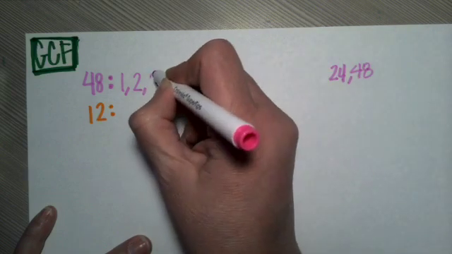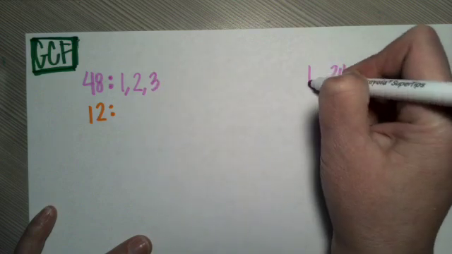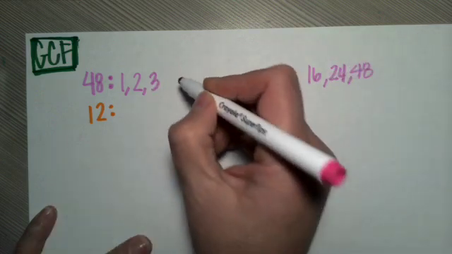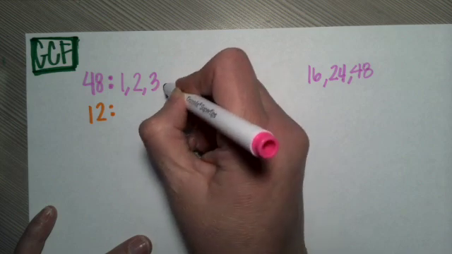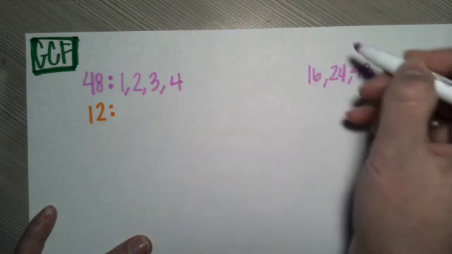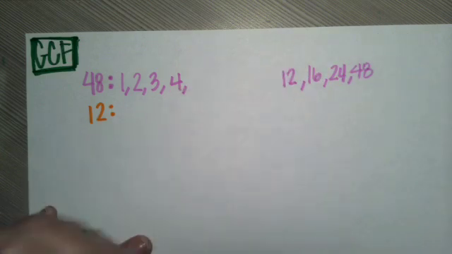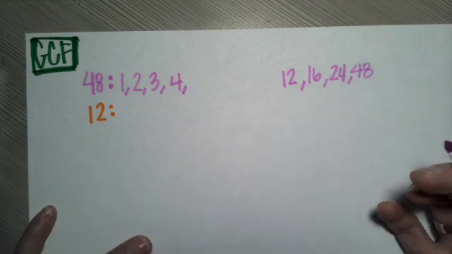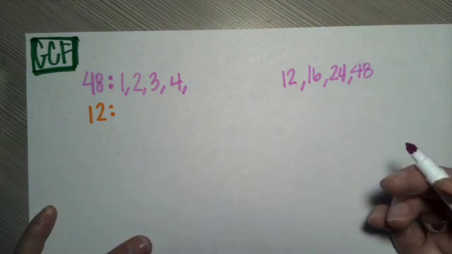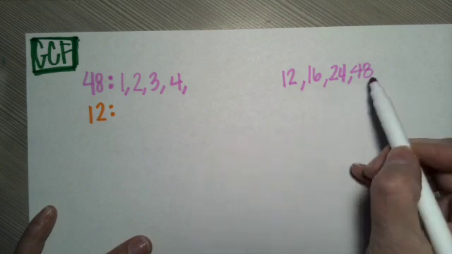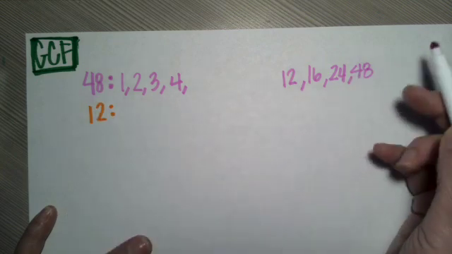And then 3 and 16 would be 48. And then 4 and 12 make 48. 4 times 12. And there's not a 5 because whenever we multiply by 5, everything ends in a 5 or a 0, and we're looking at 48, right? So that's not it.